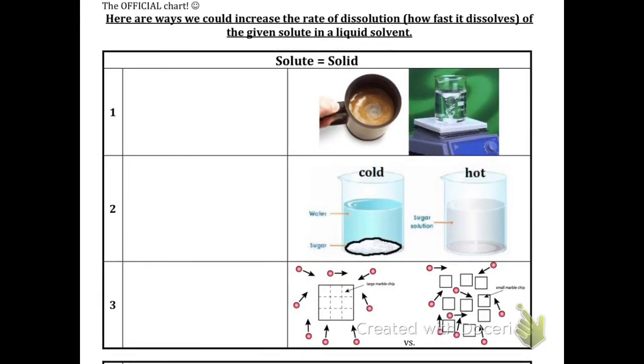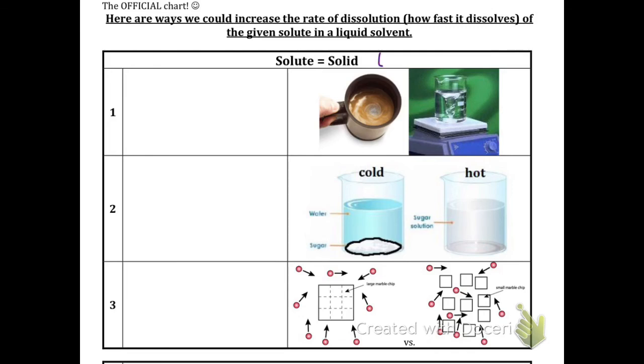Okay, so how can we increase the rate of dissolution, basically how fast something dissolves, of a given solute in a liquid solvent? These are things that you commonly do all the time, and you just have to remember the vocabulary words that are associated with it. So, always think of an example. What is an example of you taking a solid and dissolving it in a liquid?